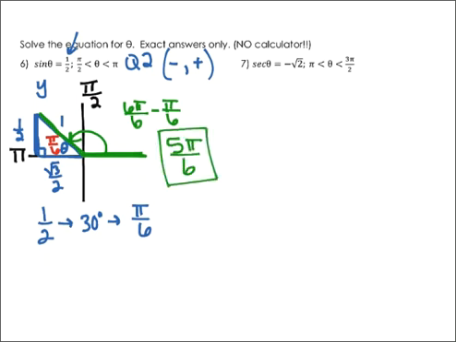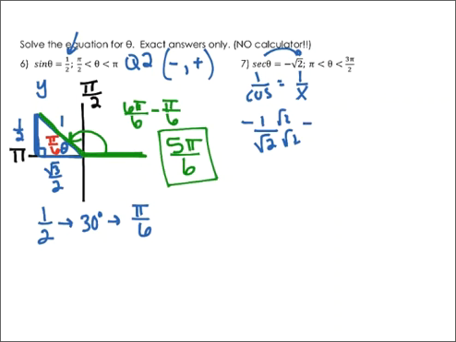We've got secant of theta. So what do we know about secant? We know secant is the reciprocal of cosine, or 1 over x. So if secant is negative radical 2, if I flip that upside down, so negative 1 over radical 2, that's ugly, so we're going to multiply top and bottom by radical 2.